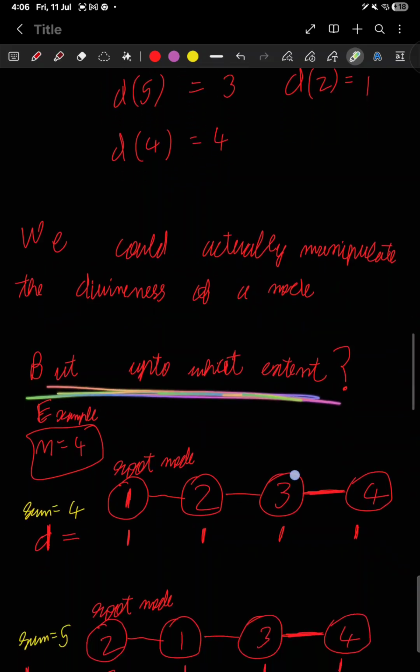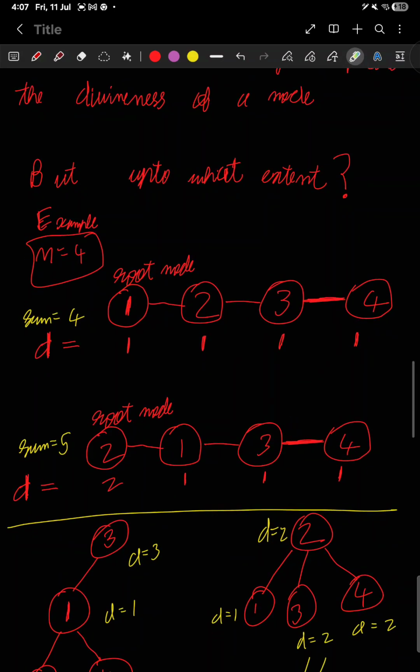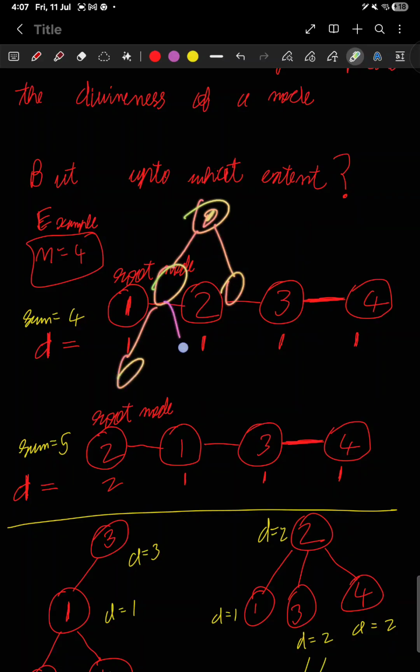We could assign a divineness to a node, but what values could be assigned to a node? Let's take an example. First of all, we need to understand that either we could make multiple branch trees like this one, or we could make a single branch tree.